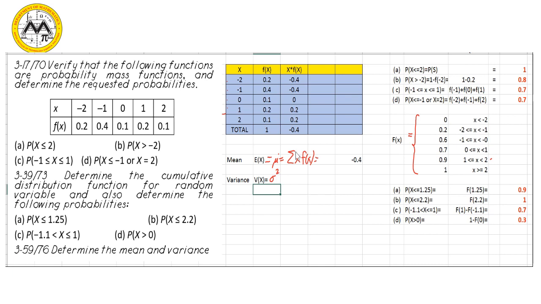So the variance is equal to the summation of x minus mu squared f of x. So to continue, we look for x.